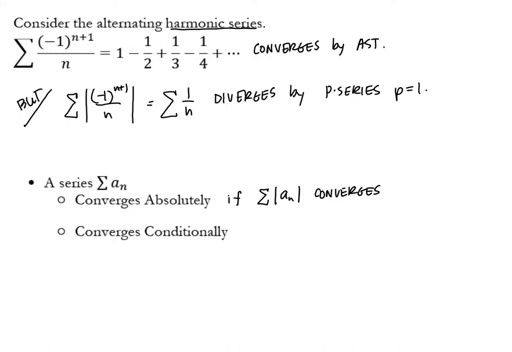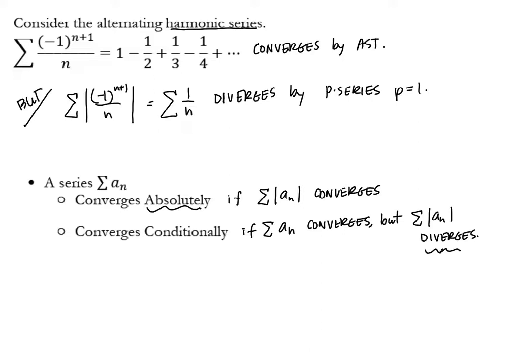However, a series converges conditionally if the series itself converges but the absolute value of the series diverges. So what we do in practice is test first for absolute convergence, and then if it does not converge absolutely, we test for conditional convergence with the alternating series test.